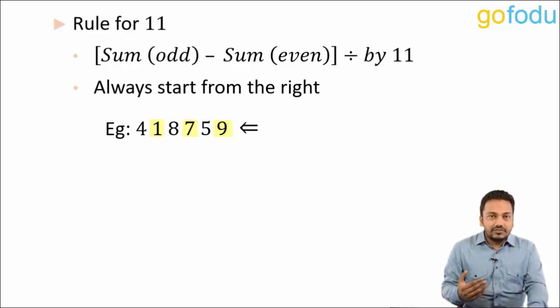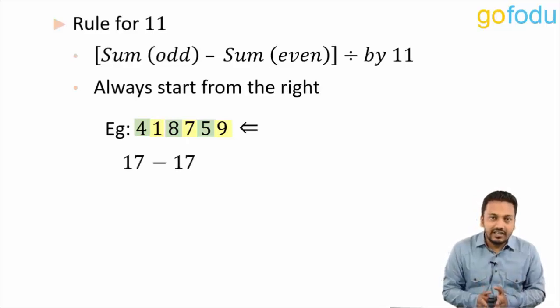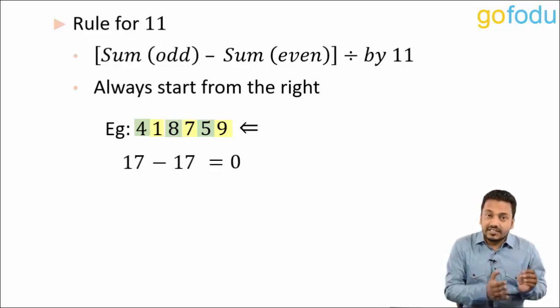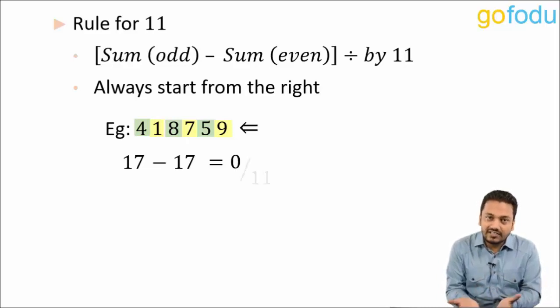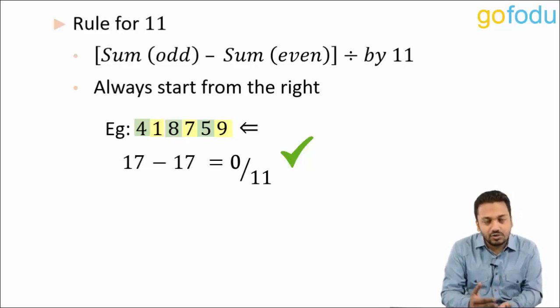On even places, we have 5, 8 and 4. That will be 5 plus 8 plus 4, that is 17 again. 17 minus 17 is 0. Is 0 divisible by 11? Yes, every number divides 0. So the number 418759 is also divisible by 11.